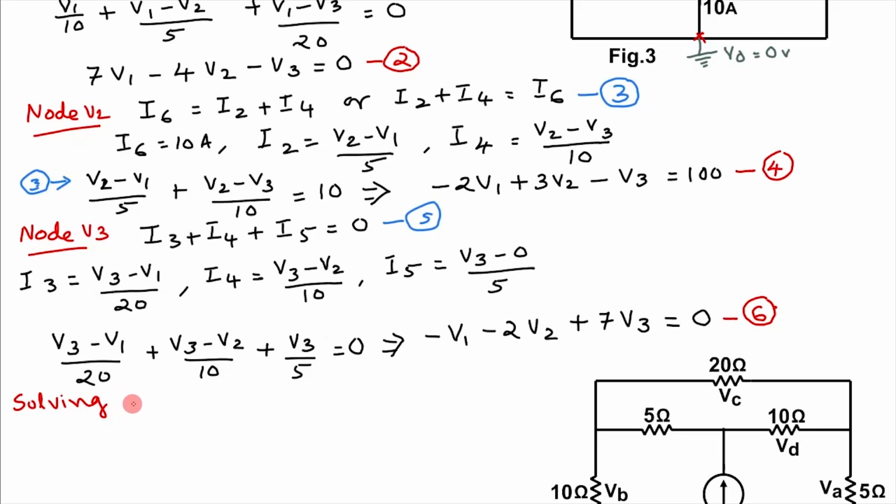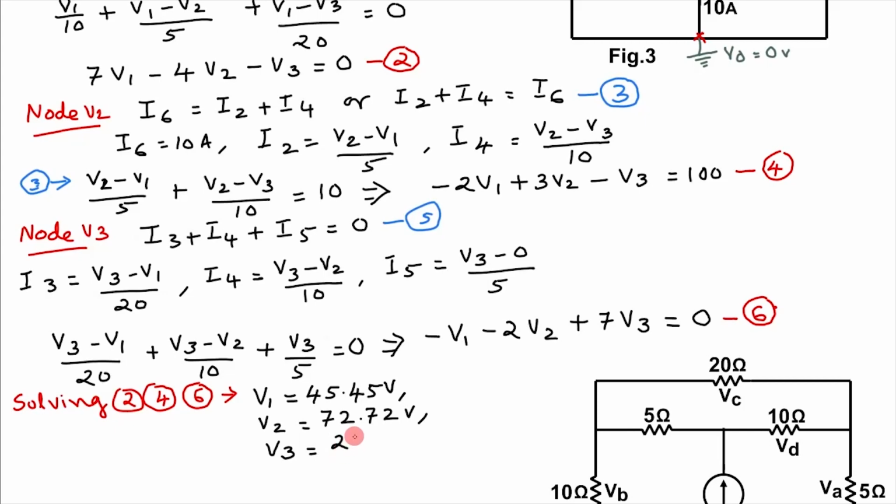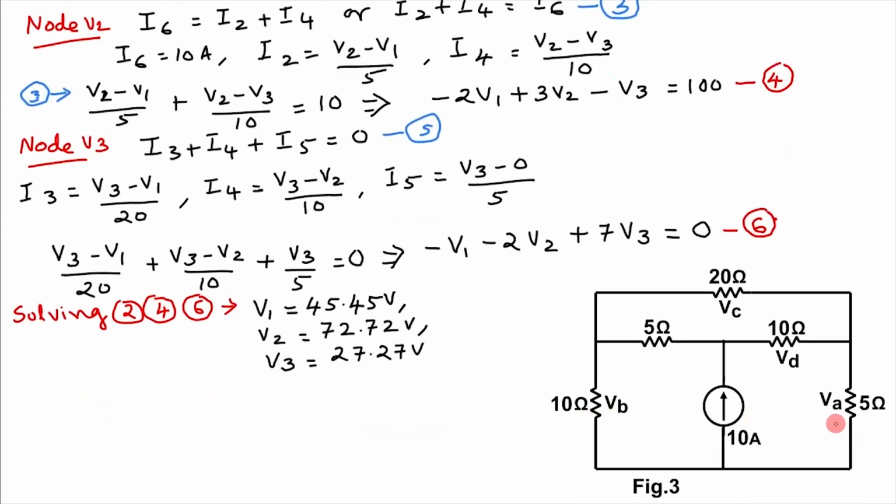Solving equations 2, 4 and 6, we will get V1 is equal to 45.45 volt, V2 is equal to 72.72 volt and V3 is equal to 27.27 volt. We are asked to find the value of VA, VB, VC and VD.